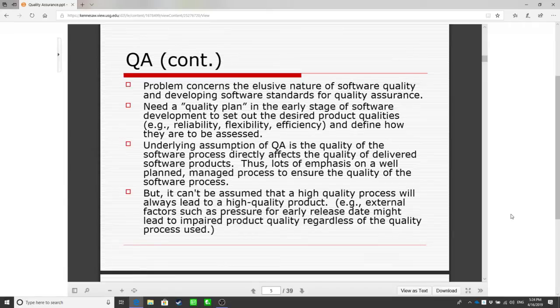Okay, and what else could be a problem or difficulty of conducting quality assurance, something that may prevent you from doing it? First is the metrics, the standard.